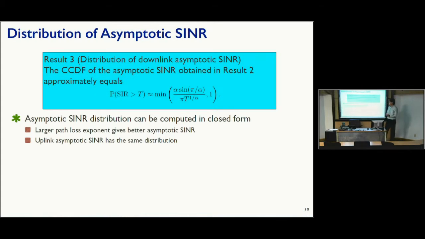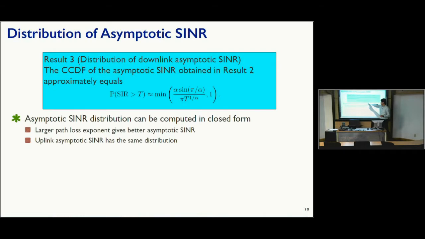Based on the asymptotic equivalent SNR expression, we can also derive the distribution of the downlink asymptotic SNR in a very simple form, so we can save the effort of Monte Carlo simulation. Here, the expression is only a function of alpha, the path loss exponent.